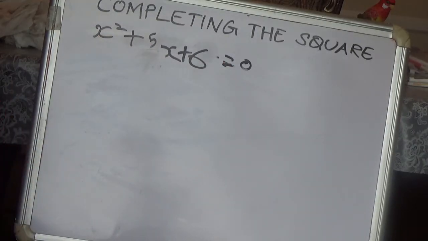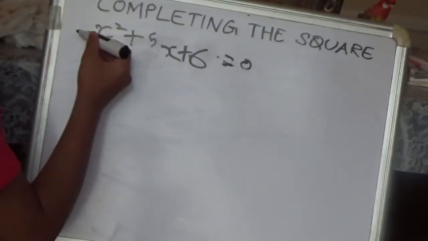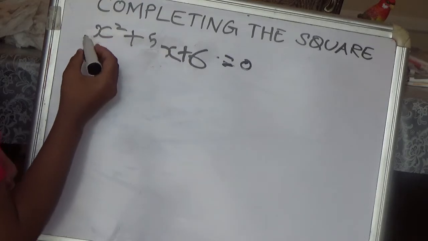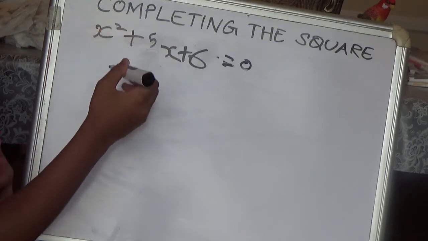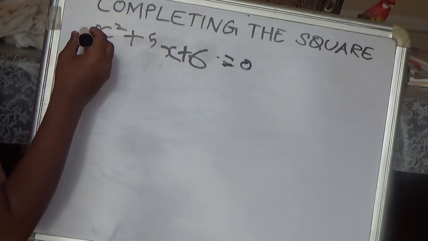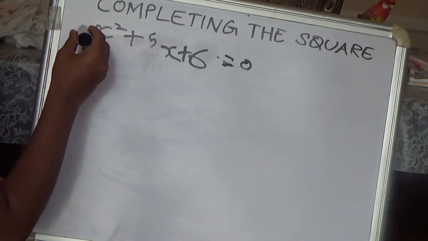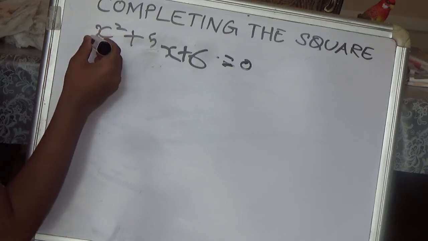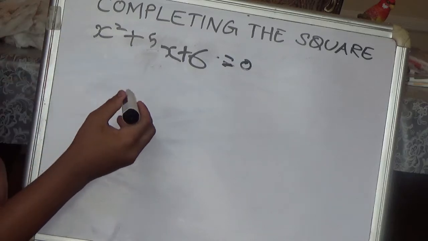Before we complete the square, we have to prepare the quadratic first. First, see if there's a coefficient on the x squared term. If the coefficient is not 1, you multiply everything by the reciprocal of that coefficient to make it 1, because that's the goal.